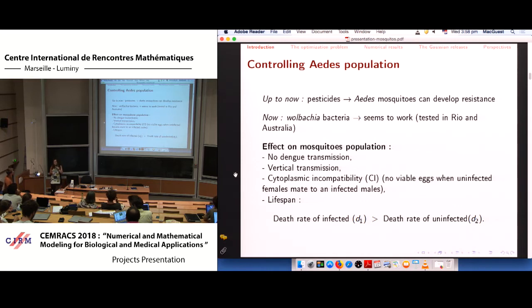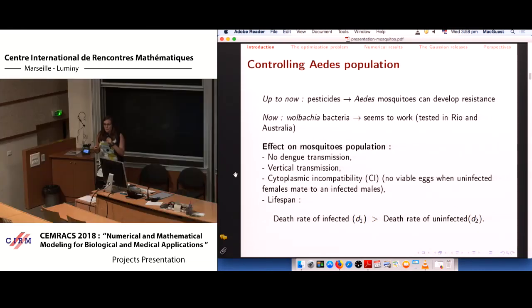So now we are developing new methods. For example, you may have heard that we can release non-fertile mosquitoes to replace the population in place. But today we will speak about the Wolbachia bacteria technique.